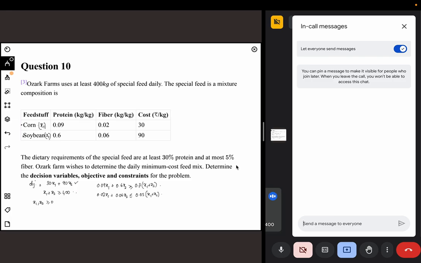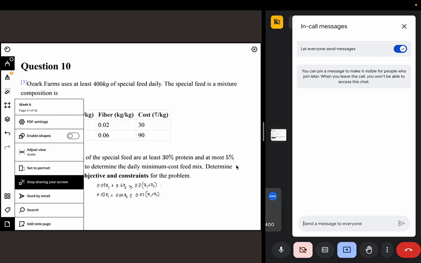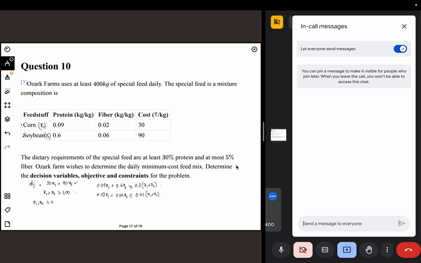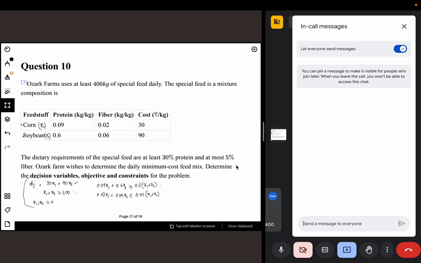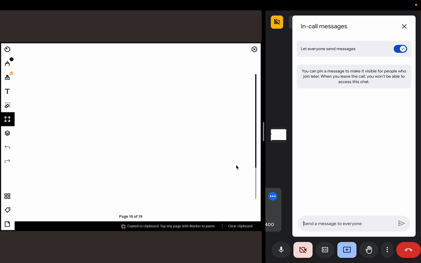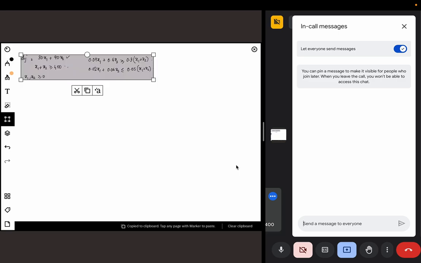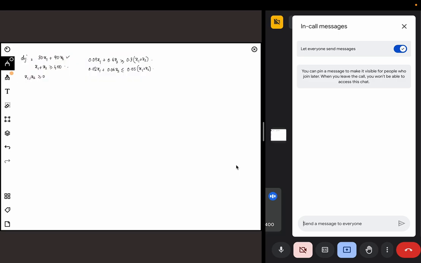The first thing you need to do is that this is a greater than or equal to sign, so you need to convert it into a less than or equal to sign. So you write them down.